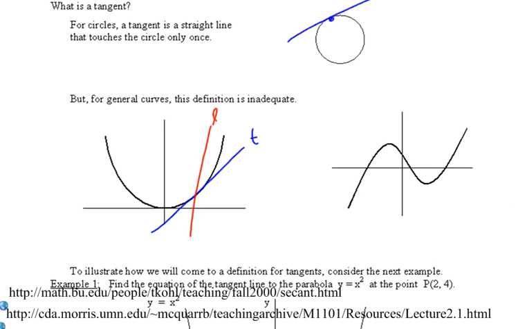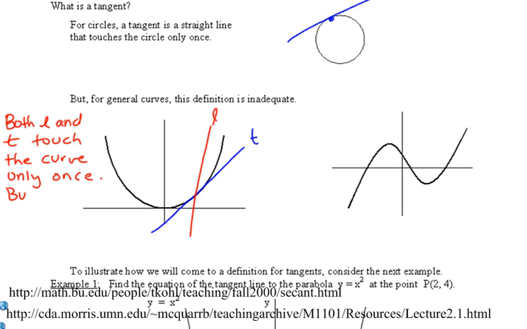Okay, so both L and T, write this down, both L and T touch the curve only once. However, but only T is a tangent.